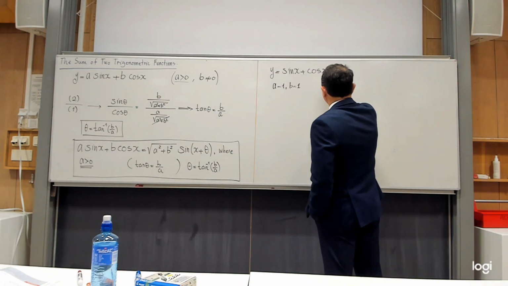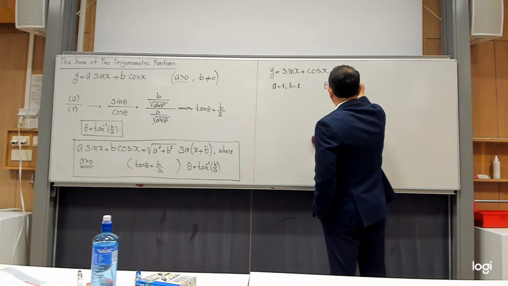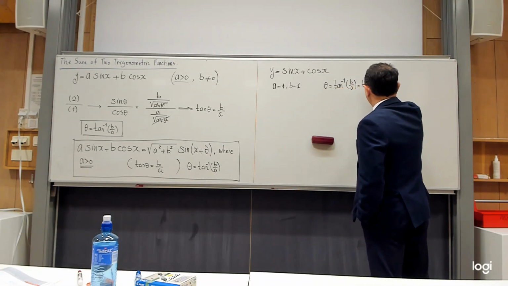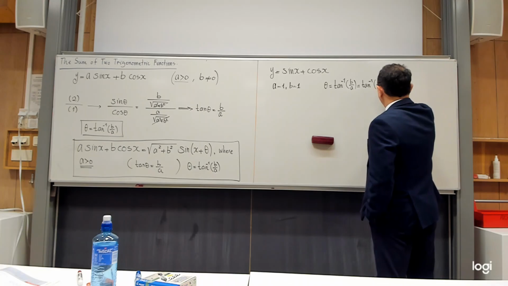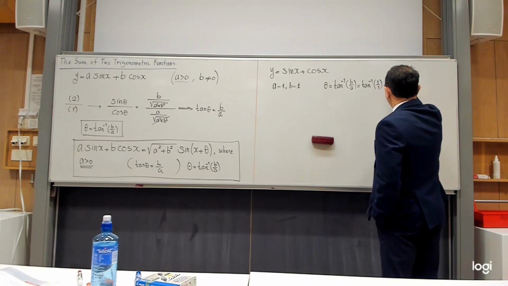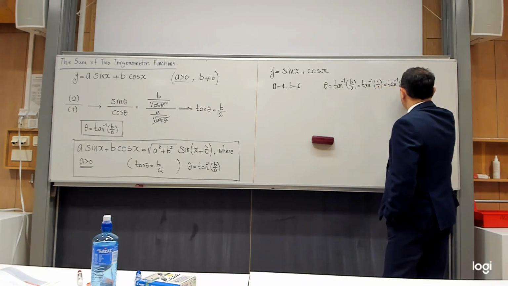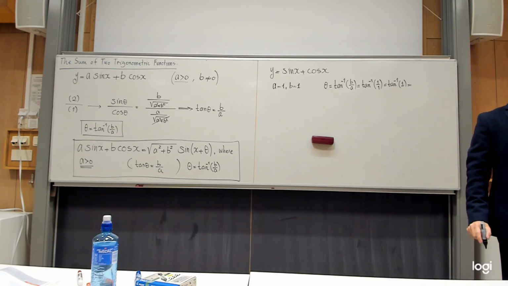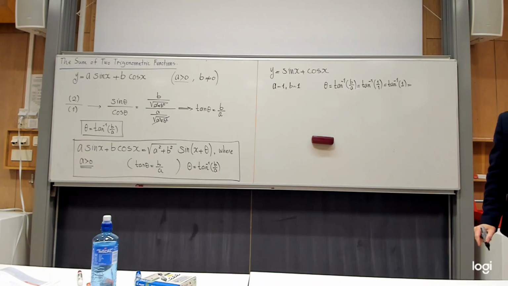Let me just use this. Theta is tangent inverse of b over a, which is tangent inverse of 1 over 1, which is tangent inverse of 1. But I hope that at least you know that this angle is famous, yes? Is there any 1 in the column of tangents in that table?